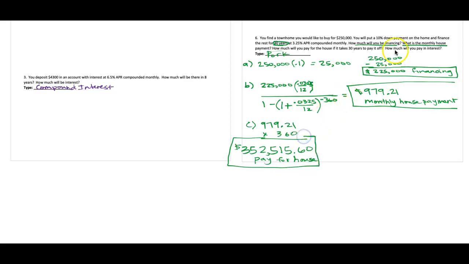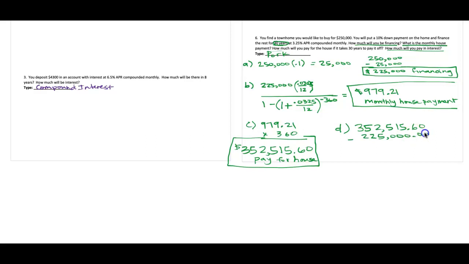And then the last part is how much will you pay in interest? So how do we figure that out? Subtract the 225 from it. Yep. So 352,515.60 minus the 225,000.